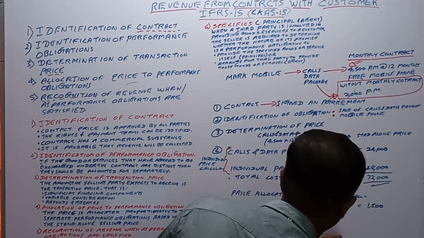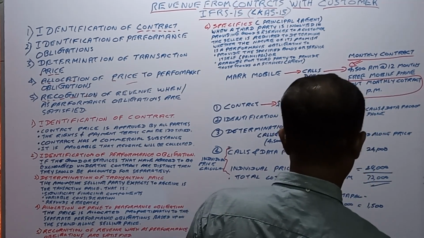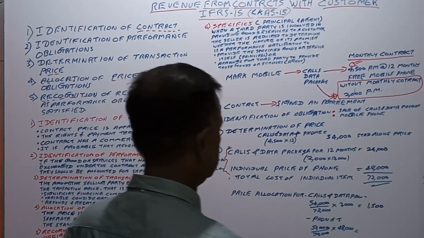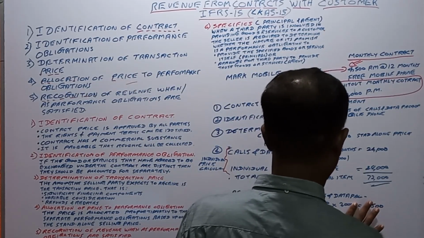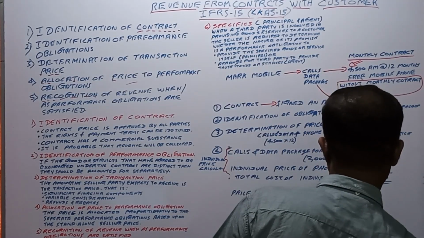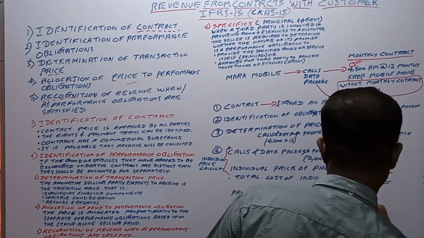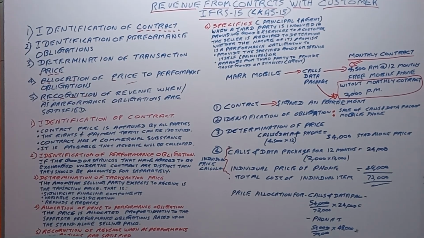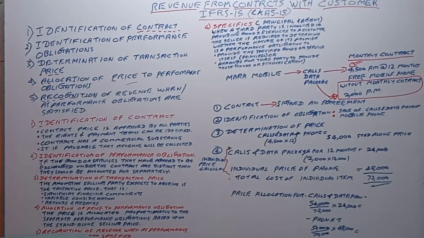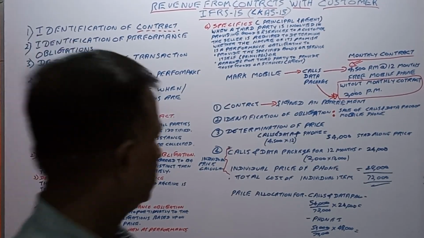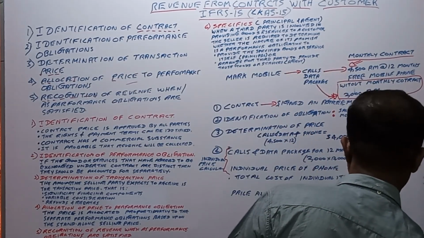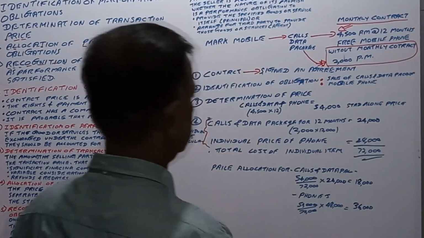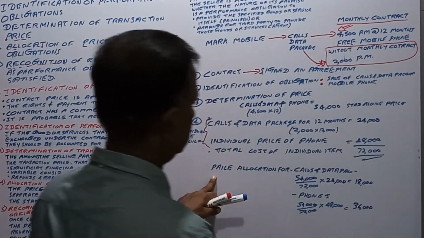That is 36,000. This is the price allocation for 54,000.